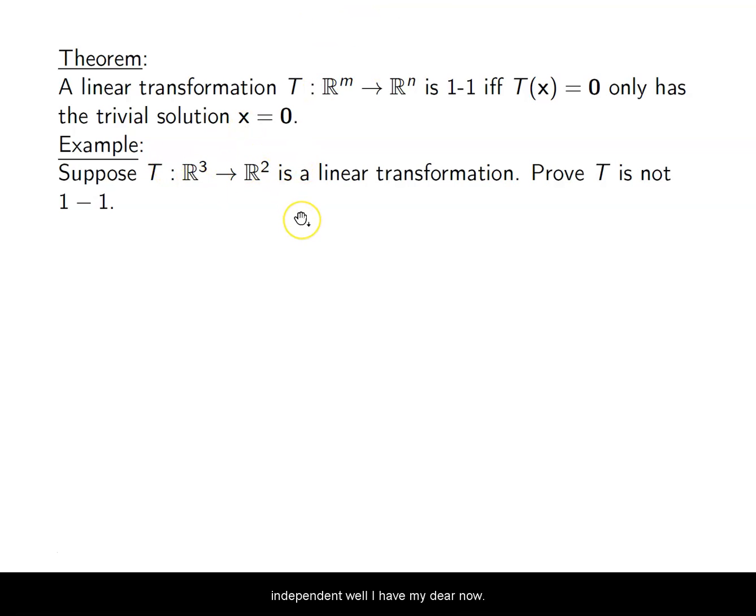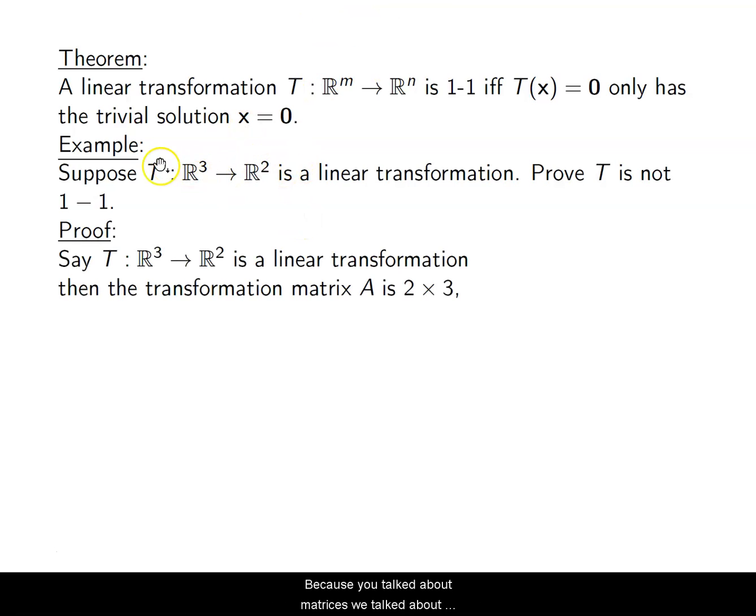Well, I have some idea now, because we've talked about matrices and we've talked about reduced row echelon form. If I look at the matrix that's formed by this transformation, even though I don't have an actual transformation, let's say I just made one up, it would have 2 rows and 3 columns. And reducing that would give me a free variable.